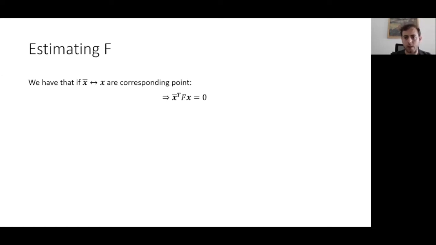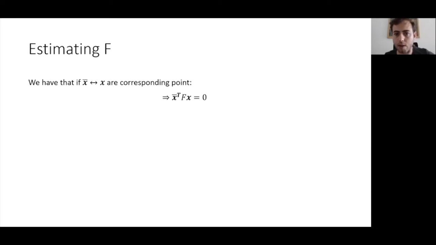Okay, but as we talked in the beginning of this class, actually the problem is that we are given point correspondences, but we don't know the cameras, right? So what we want to do is to try to estimate F from point correspondences.